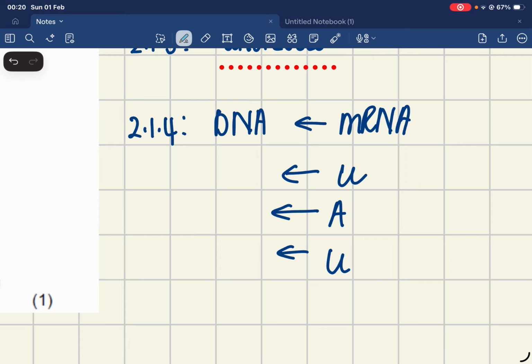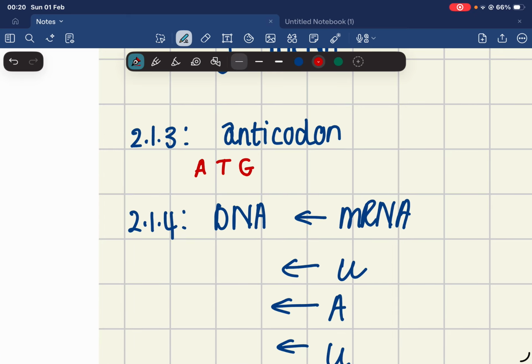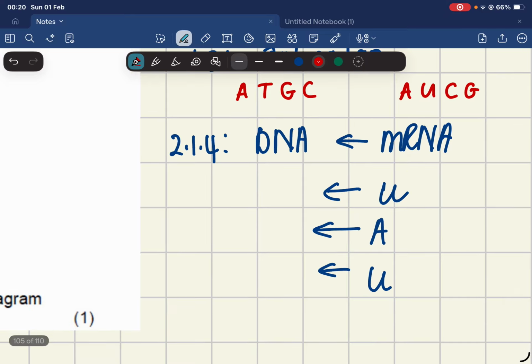Now let's remember, what does DNA have? DNA has adenine, thymine, guanine, and cytosine. RNA has adenine, uracil, cytosine, and guanine. Now, what would adenine bond to when we go back? Adenine can't bond to another adenine, so adenine would bond to a thymine.